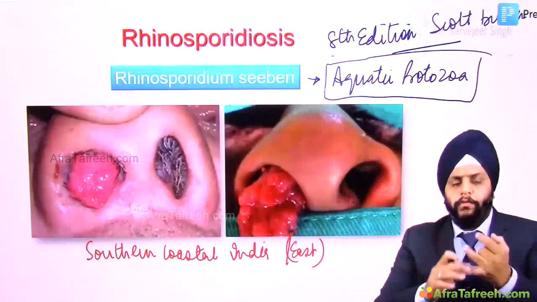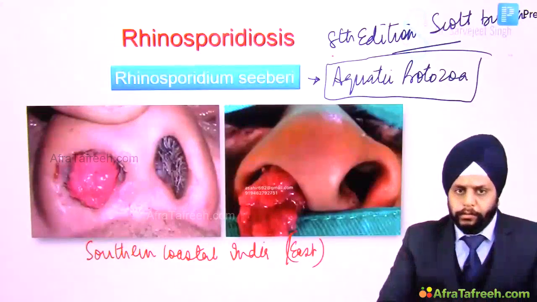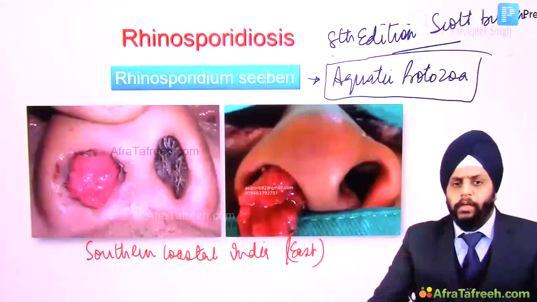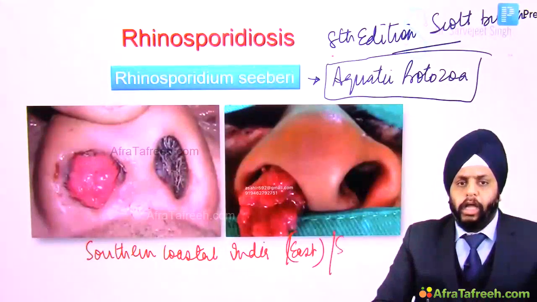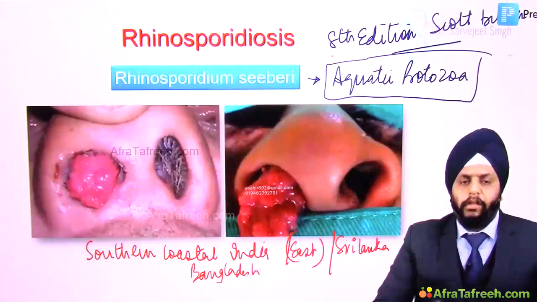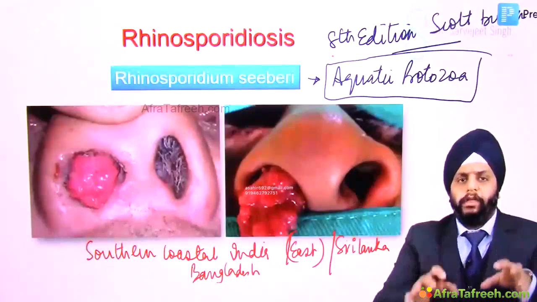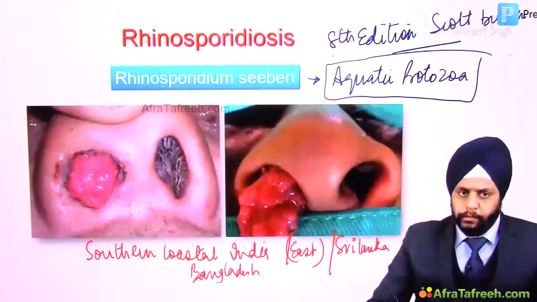We have Orissa, West Bengal, Andhra, Tamil Nadu. What is there near to them? We have Sri Lanka and we have Bangladesh. Okay, these are the only places where we have this disease, rhinosporidiosis.